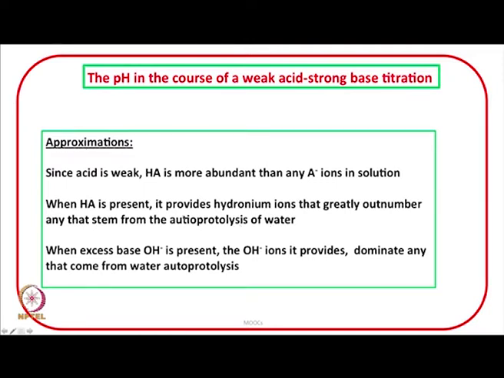This is also an assumption: we will ignore the hydronium ions coming from autoprotolysis of water and consider the hydronium ions that come from HA. And when excess base is present, the OH minus ions which come from the base will dominate any that come from autoprotolysis of water. These are the approximations that we are going to make.